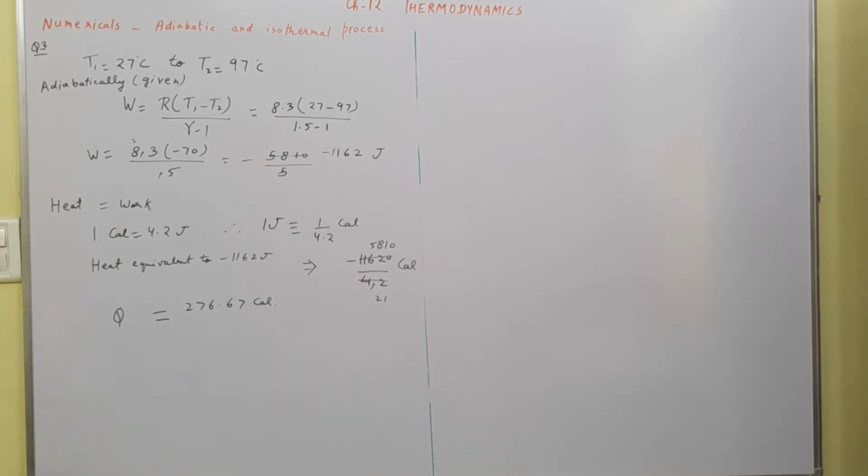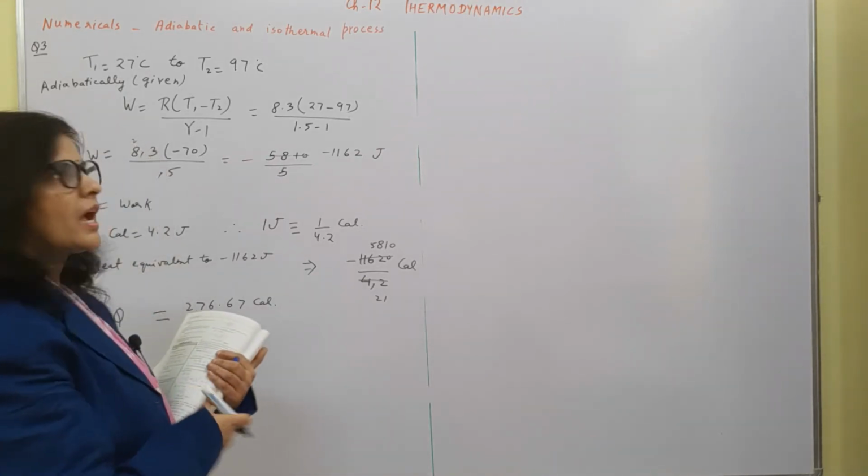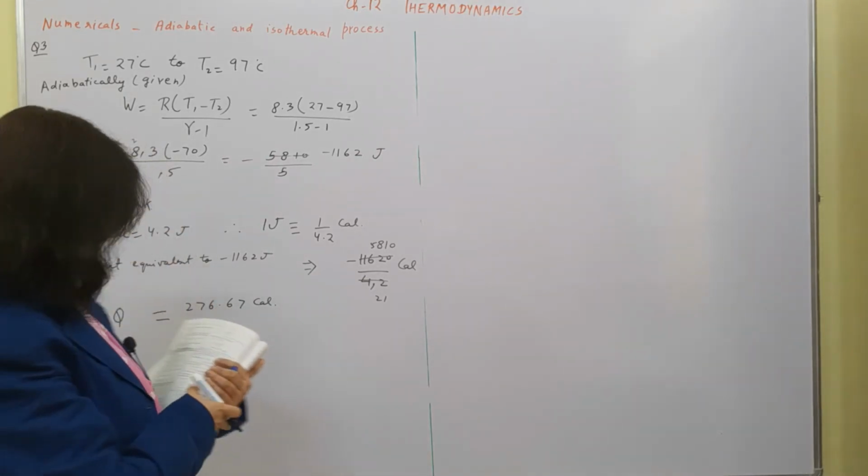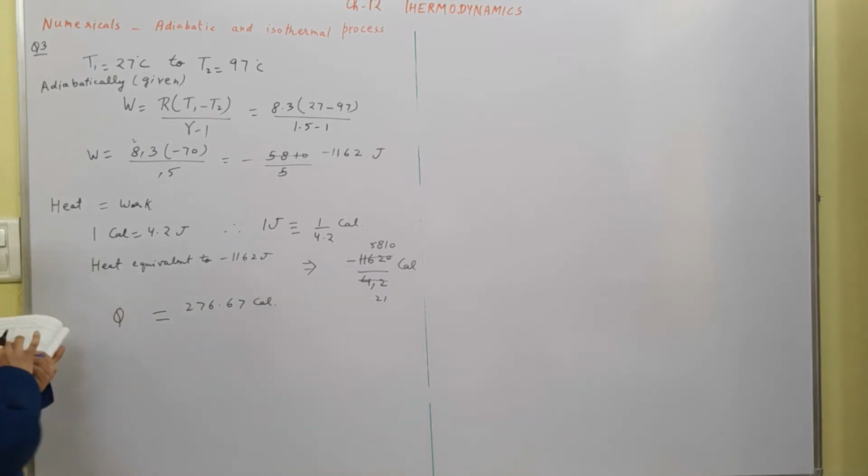We can take another question. We know that an adiabatic process is a sudden or fast process and a slow process is the isothermal one. So we can take this question where we'll do this question for both the processes.